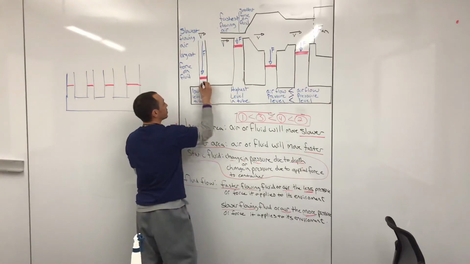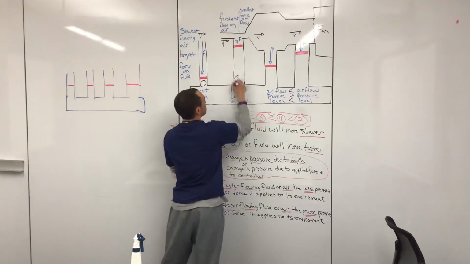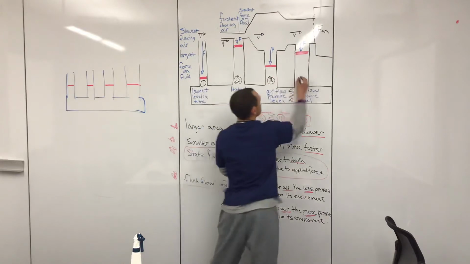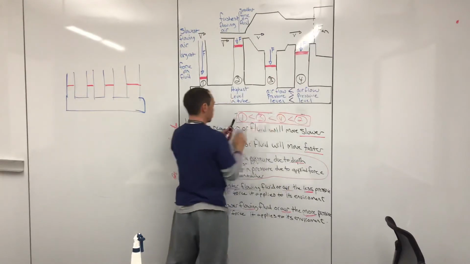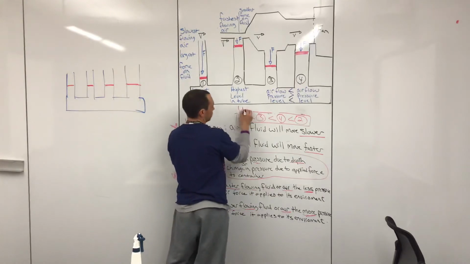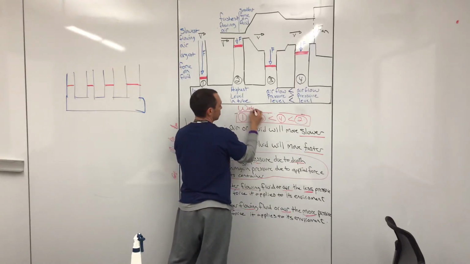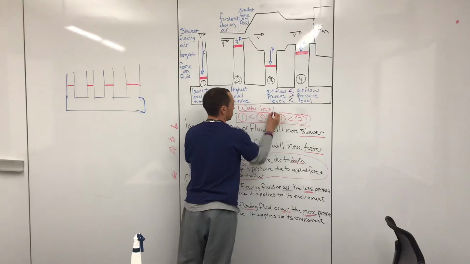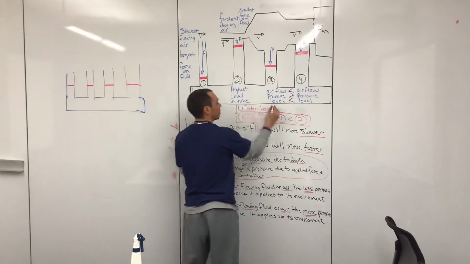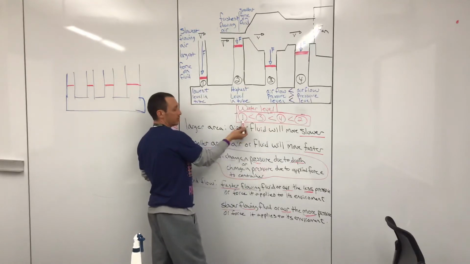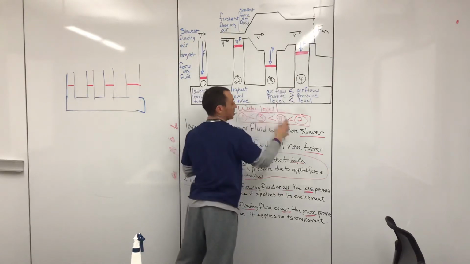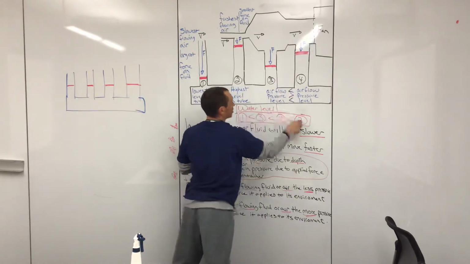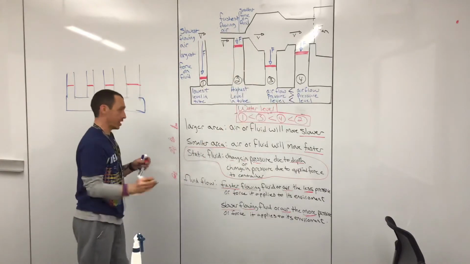But right, if this is 1, this is 2, this is 3, and this is 4, right? Then we're saying in terms of water level, okay, we can see that 1's going to be the smallest, 3 is going to be the next smallest, 4 is going to be the next largest, and 2 is going to be the highest, right?